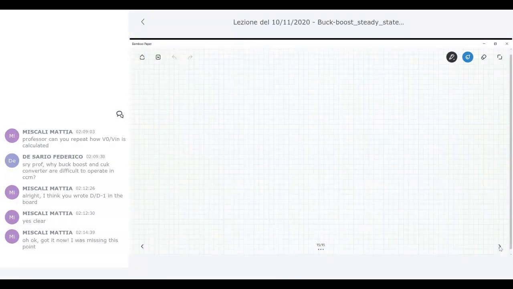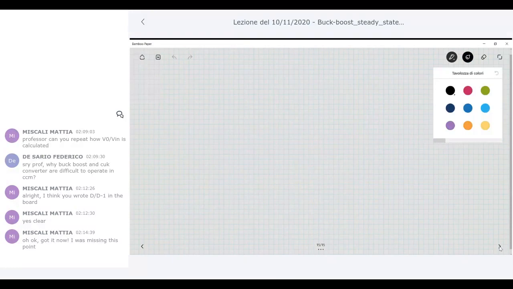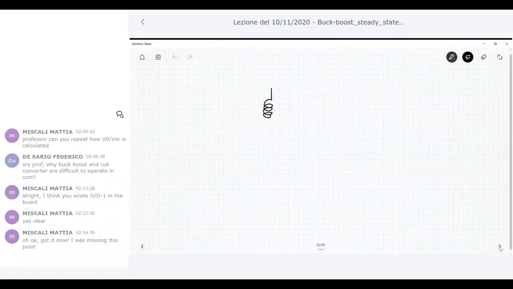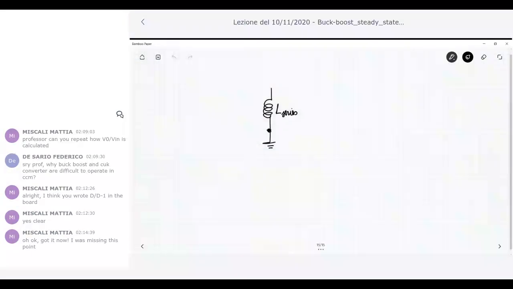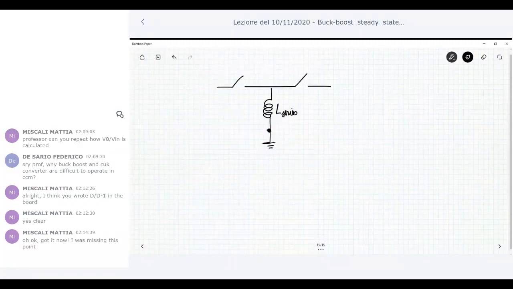I made some topology changes in this circuit in order to have the same terminal of the inductor always permanently connected to the reference. So that means that I have to put not the inductance floating like in the previous circuits, but with one of the two terminals permanently connected to the reference. Okay? If I make these topology changes, I can have the same behavior as before if I have just two switches like this.